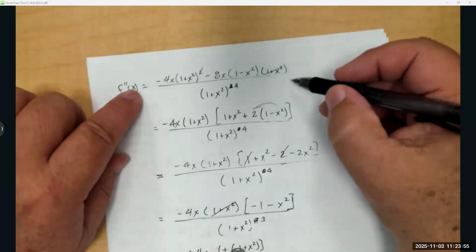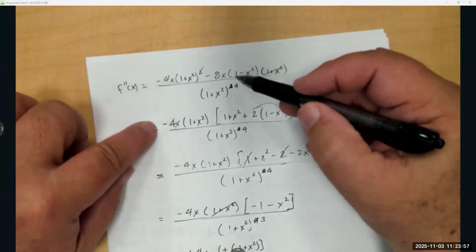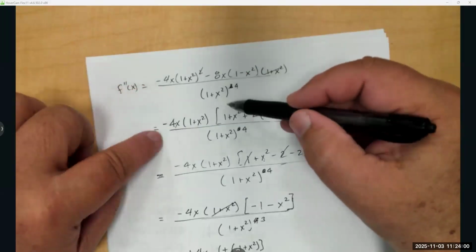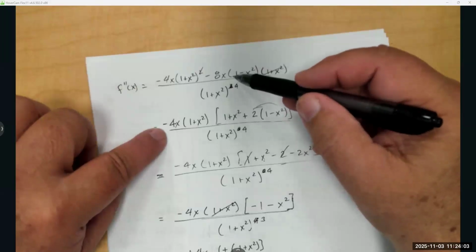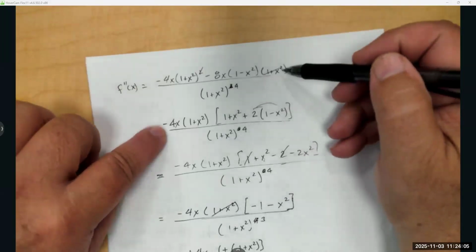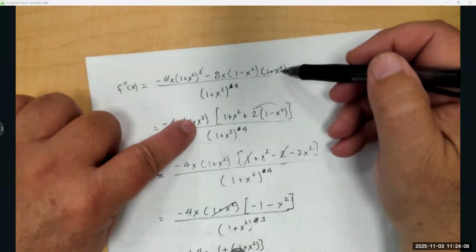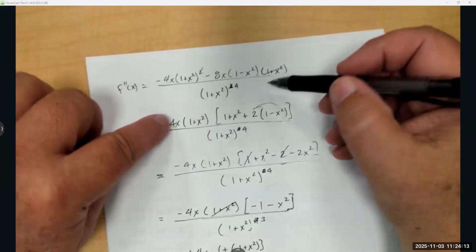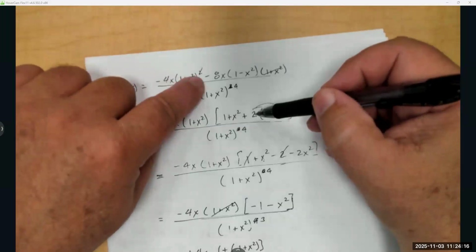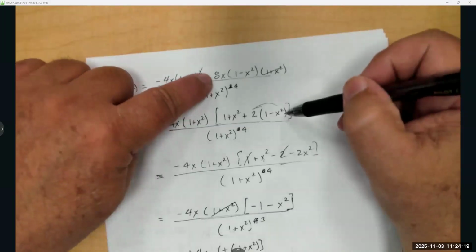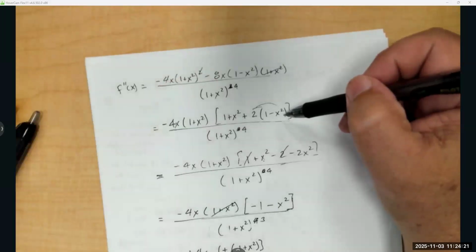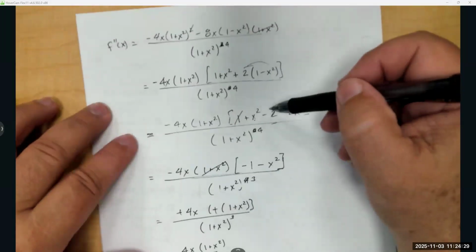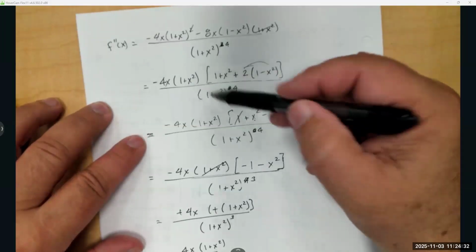All right. Now I can factor out a negative 4x and a 1 plus x squared. We'll have 1 plus x squared plus 2, 1 minus x squared. Okay. Negative 4x, 1 plus x squared.